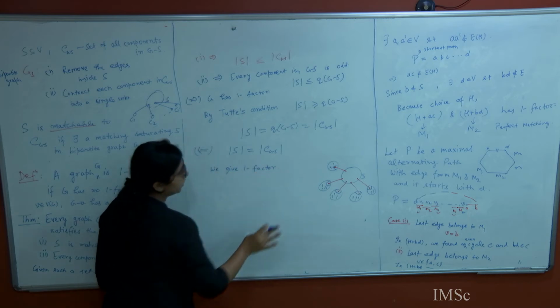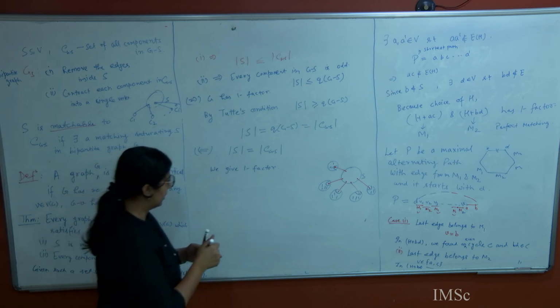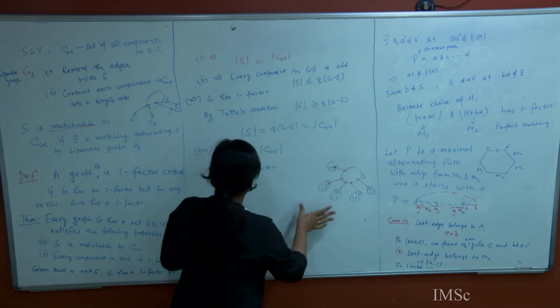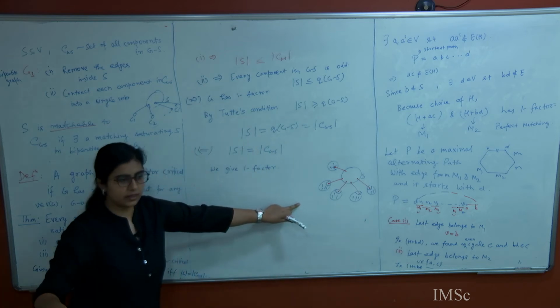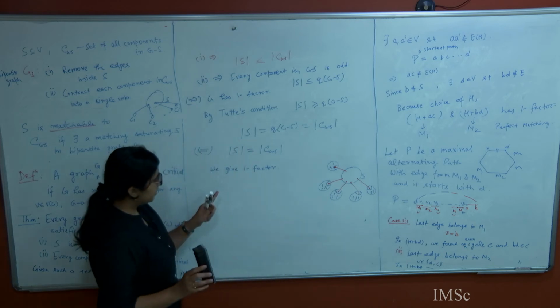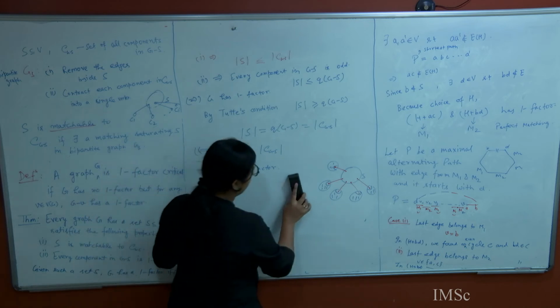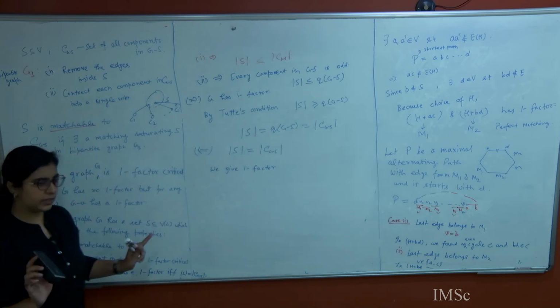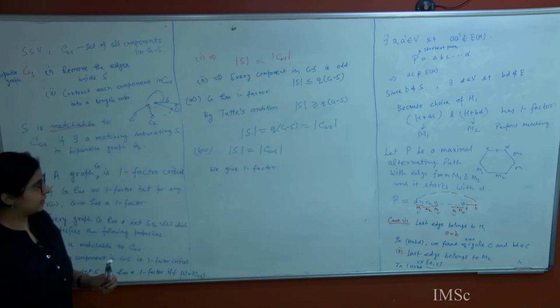Like this. I am not writing the details because it is already late. But it is clear that we can give a one-factor, so we are done. So with this second part of the theorem, we are done with the characterization.